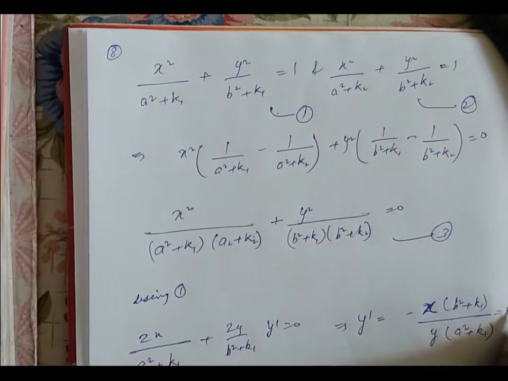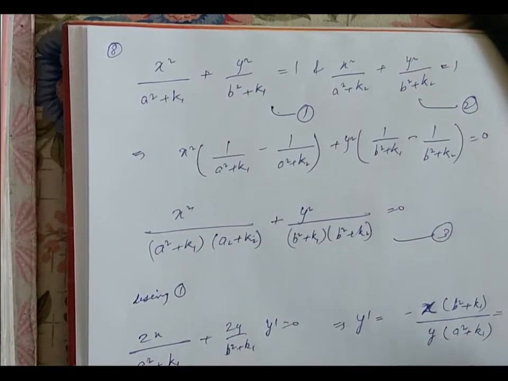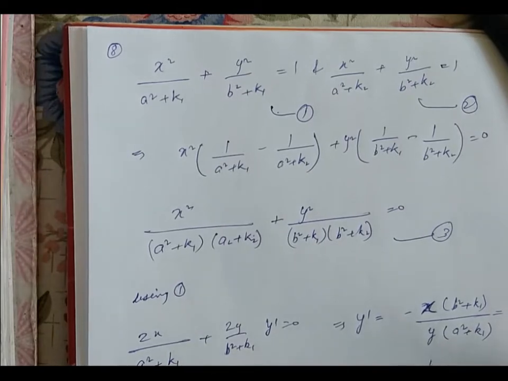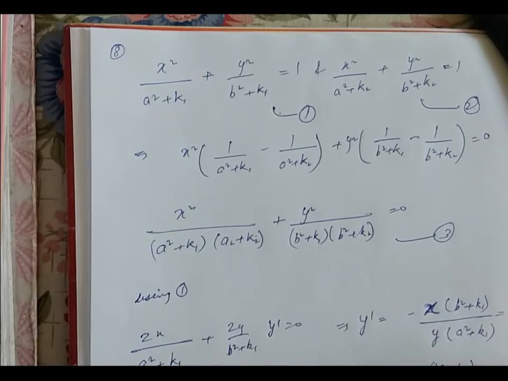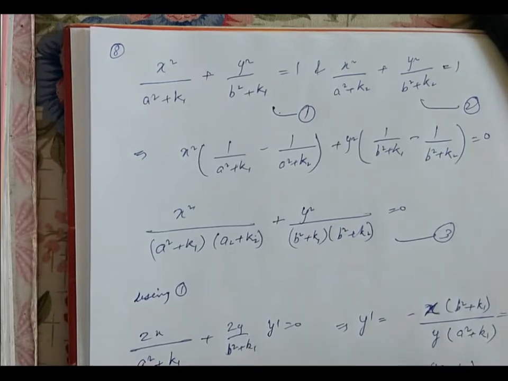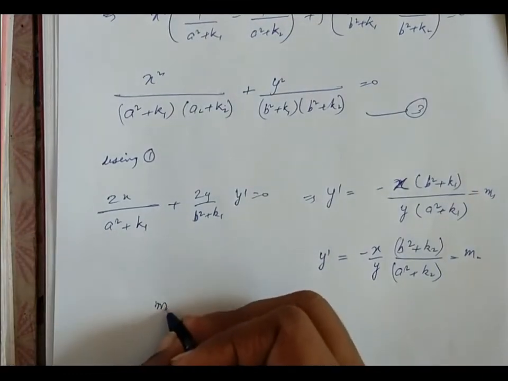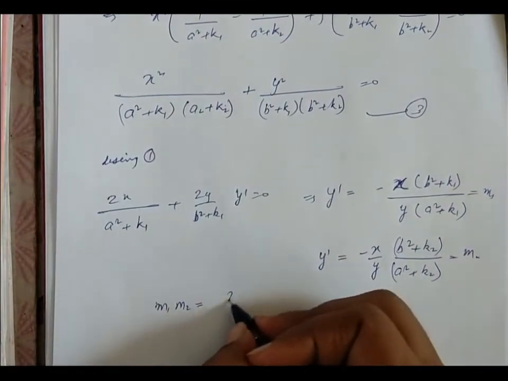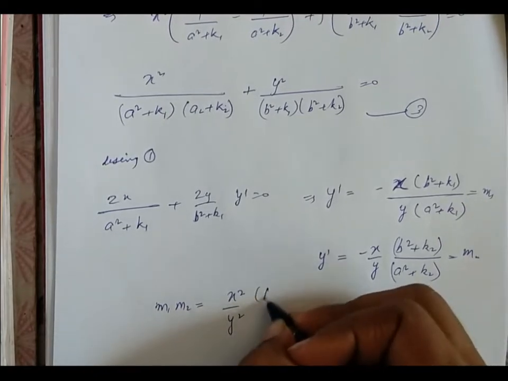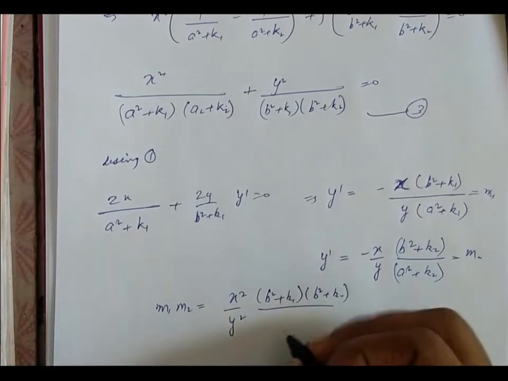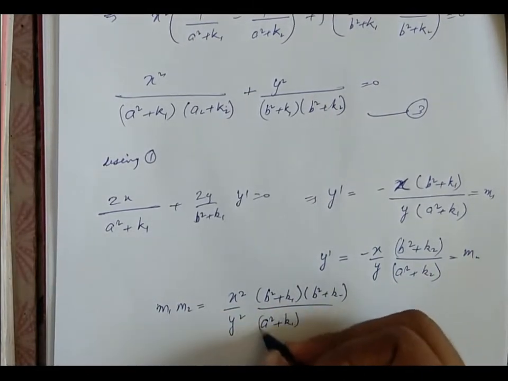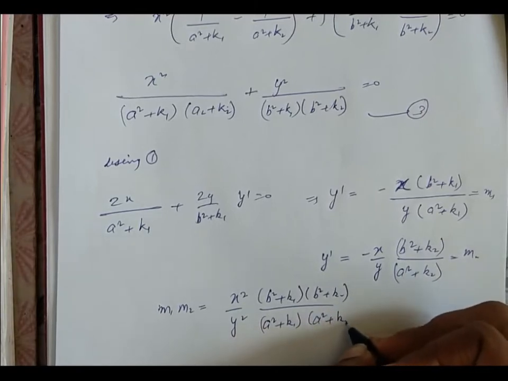Okay, and since there is a symmetry in first and second, y dash for the second will be, this will be m1, minus x by y, b square plus k2 upon a square plus k2. This will be m2. Okay, now m1 m2 is equal to x square upon y square times b square plus k1, b square plus k2 upon a square plus k1, a square plus k2.